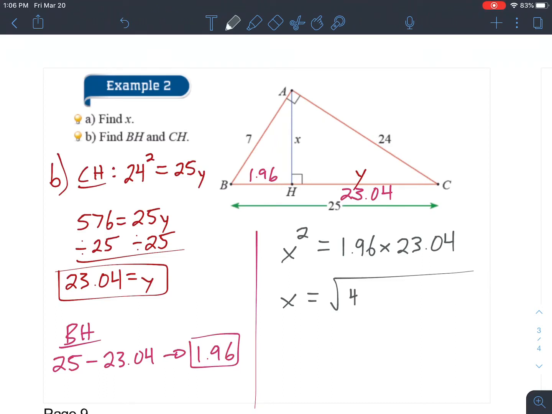And that product ended up being 45.1584. And when we take the square root of that, we get, that actually works out pretty nicely. 6.72 is the length of x.